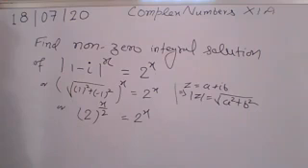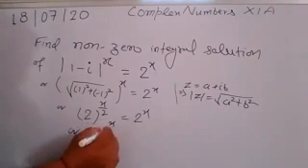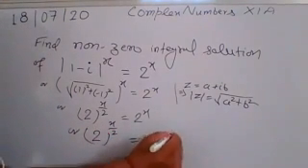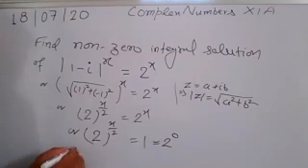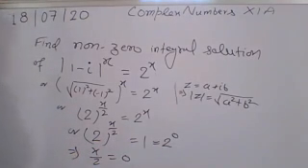So their powers are subtracted. So you have 2 to the power x by 2 is equal to 1. And this can be written as 2 to the power 0. Now, if you compare the powers, you have x by 2 is equal to 0, or the value of x is equal to 0.